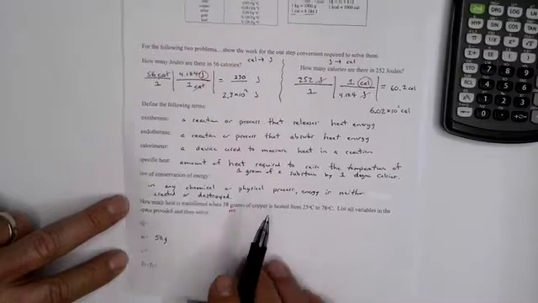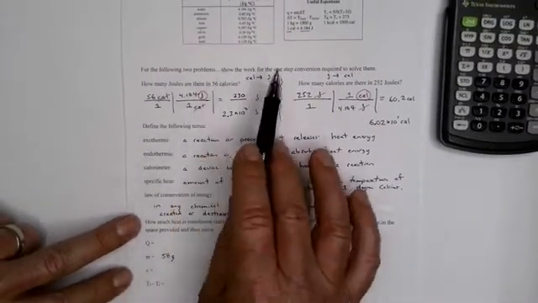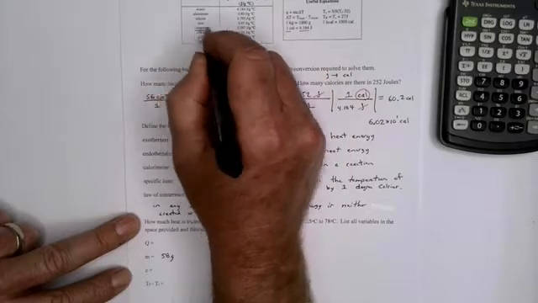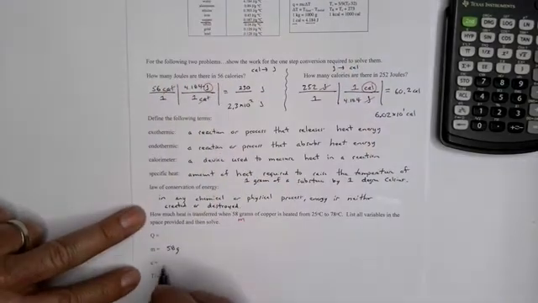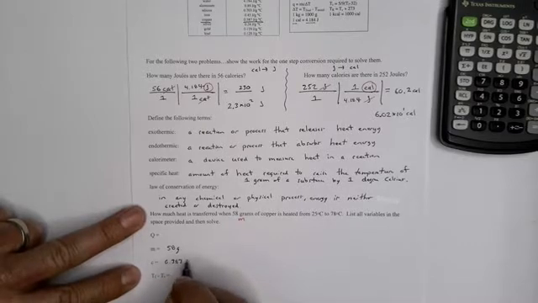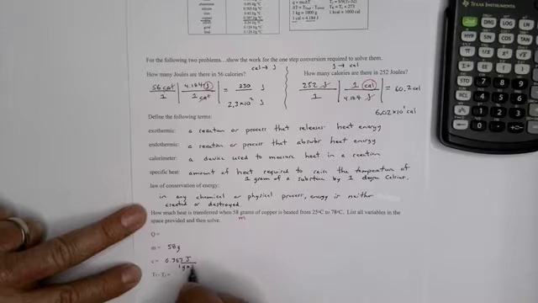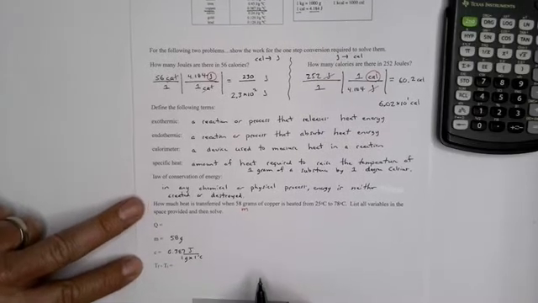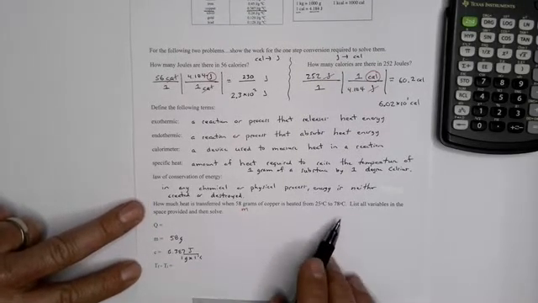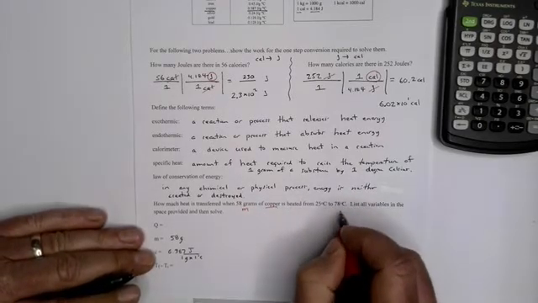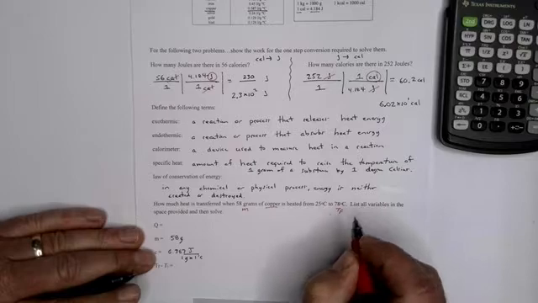So our C value, right there, is 0.387 joules per 1 gram times 1 degree Celsius. Our final temperature, so we took care of the copper, our final temperature is 78 degrees.